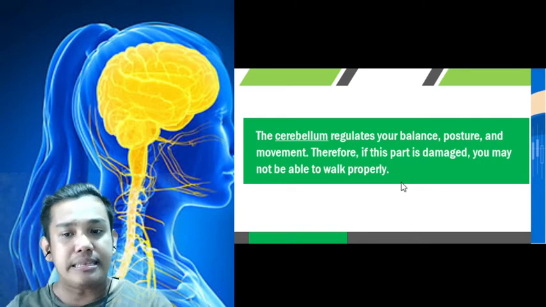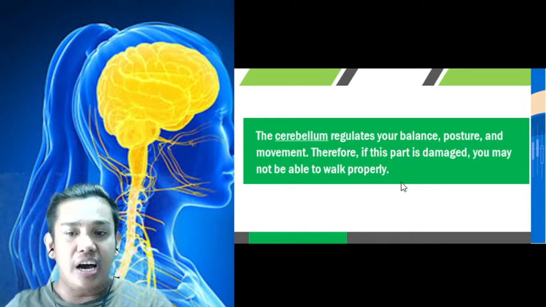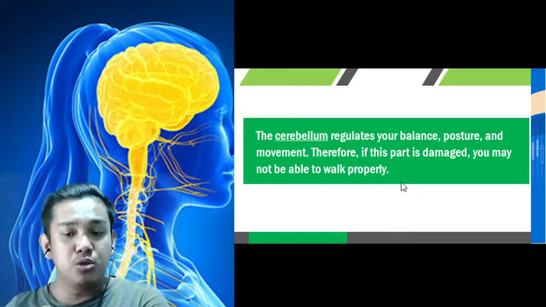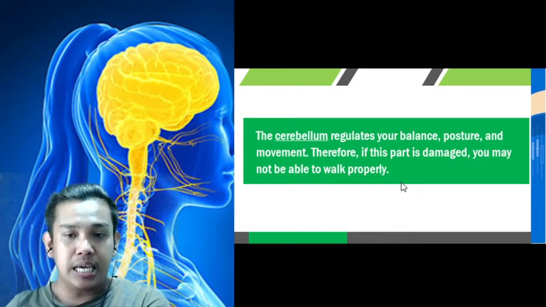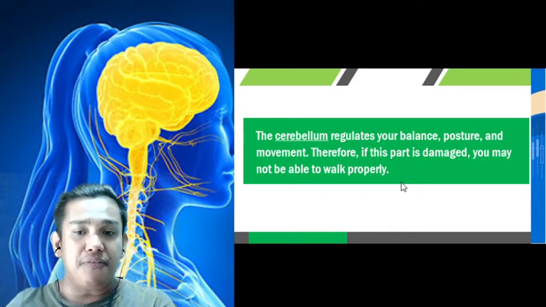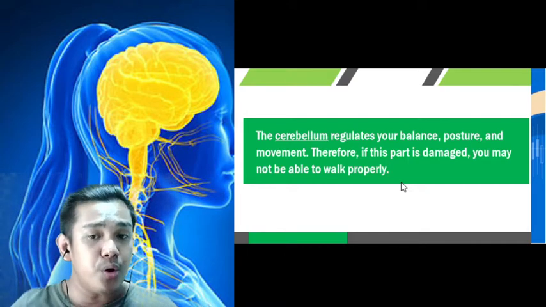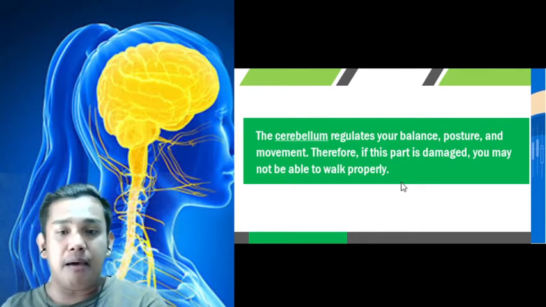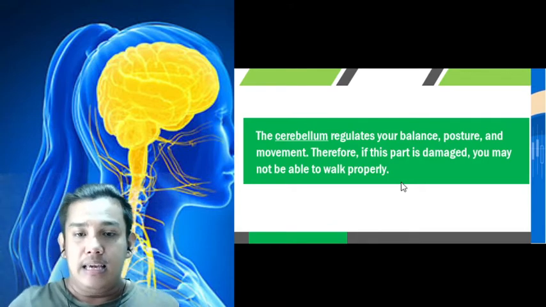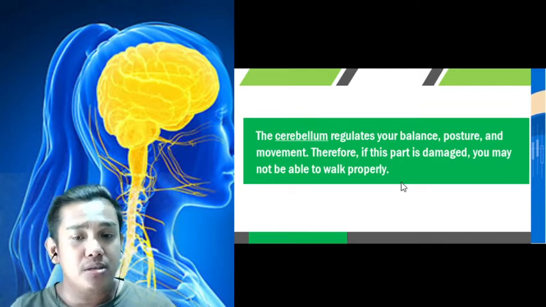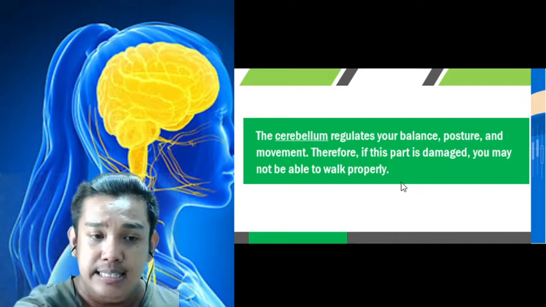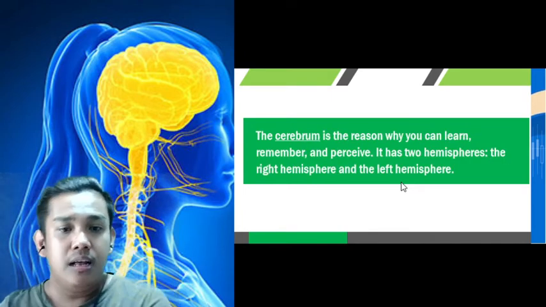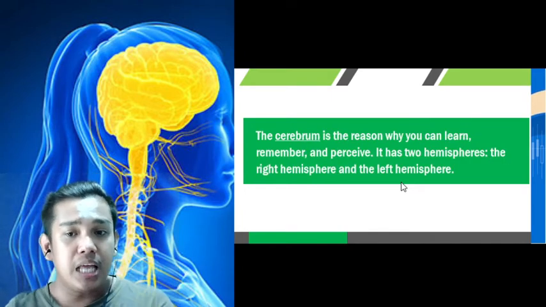Therefore, if this part is damaged, you may not be able to walk properly. Again, the cerebellum regulates your balance, posture, and movement. The cerebrum is for learning, remembering, and perceiving.